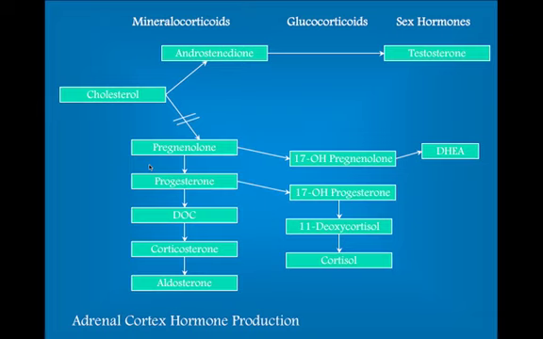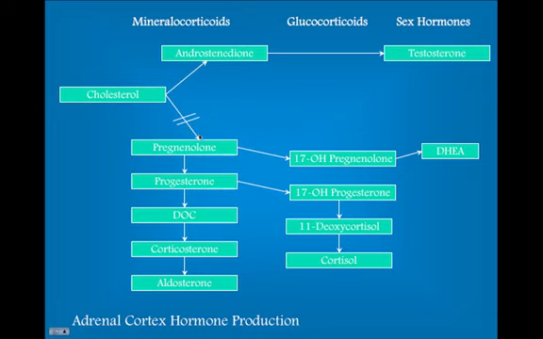So here we see the metabolic pathways for the production of these hormones. So we see that the missing enzyme is right here, so that cortisol pathways, which result in aldosterone, the mineralocorticoid, and cortisol, which is the glucocorticoid, are both blocked by the lack of this enzyme right here.